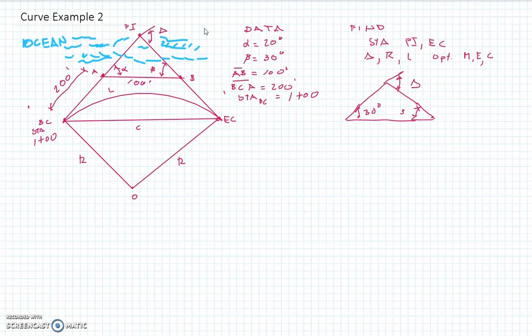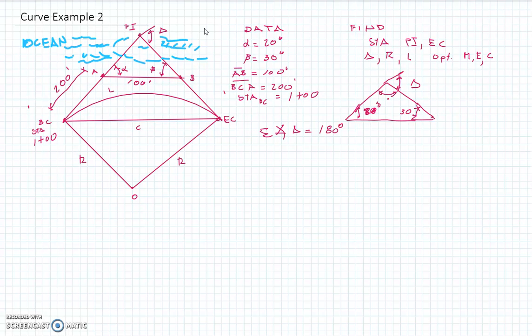So this is 30 and this is 20, and you don't know this angle. But you know that the sum of all the interior angles of a triangle is equal to 180 degrees. So now I'm going to add all the internal angles and find this angle over here.